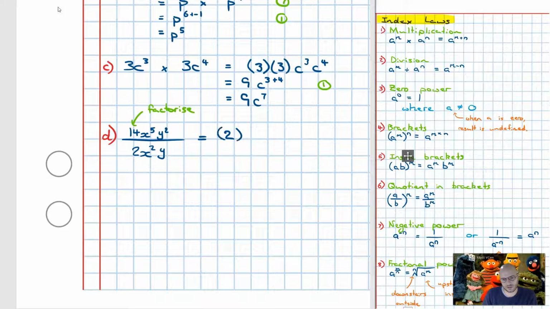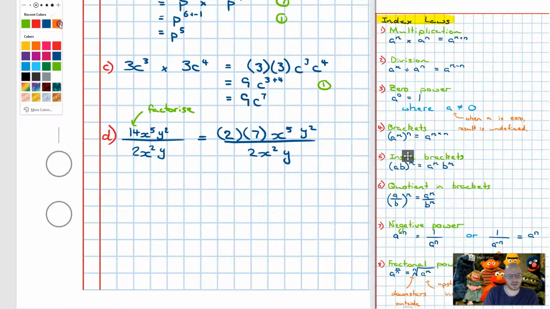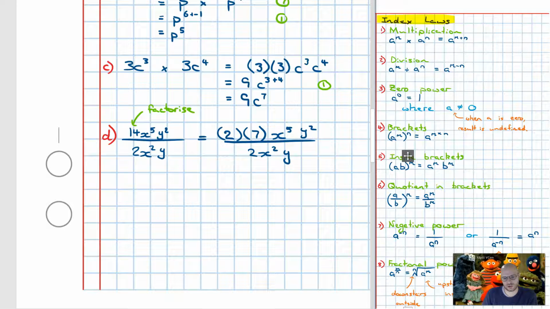So I'll go 2, 7. Then we have x to the 5 y to the 2, and that's all over 2 x squared y. Now, because we have common factors in here, we see there's a 2 and a 2, so we're going to kill them.